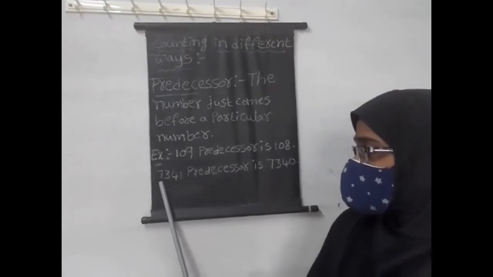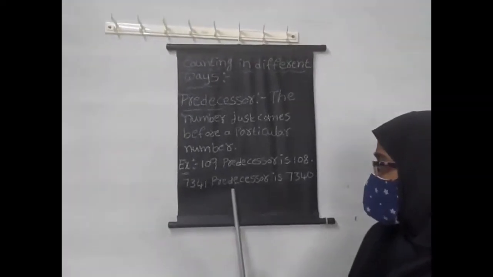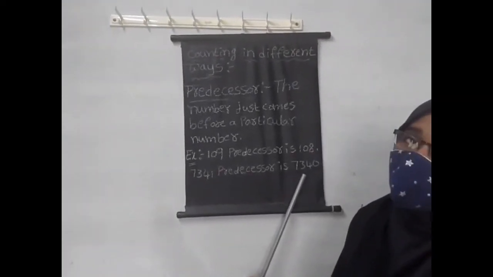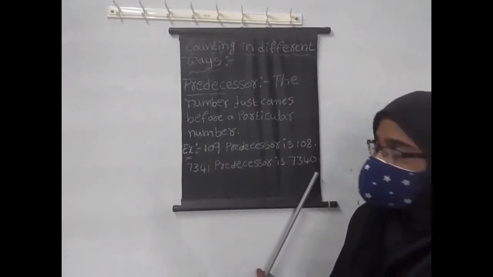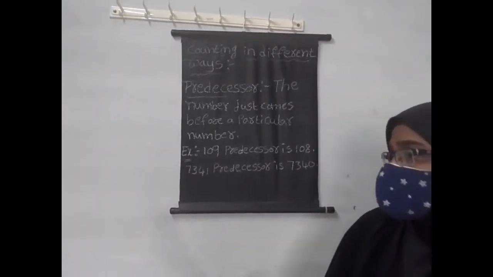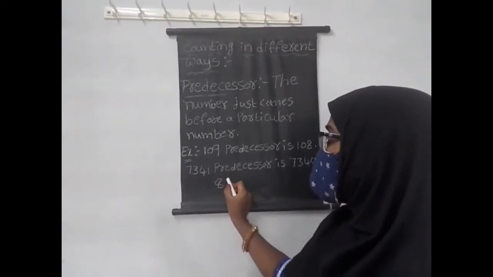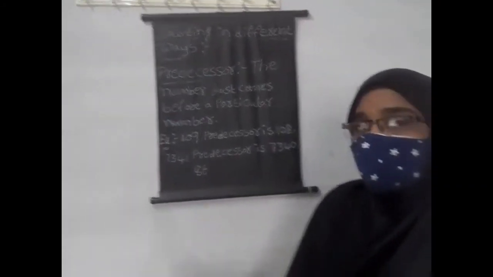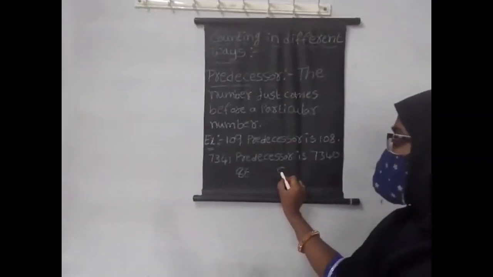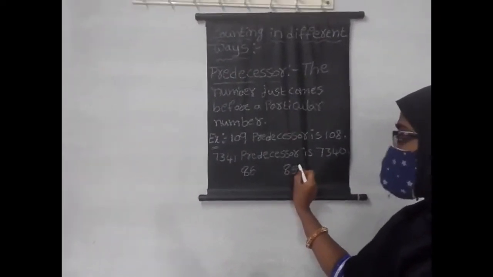If you have taken 7341, the predecessor is 7340. If you have taken 86, what is the predecessor of 86? 85. Is it or not?